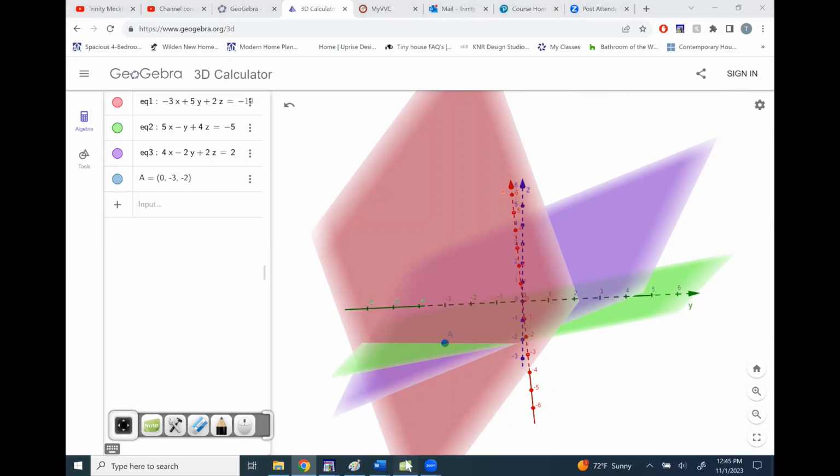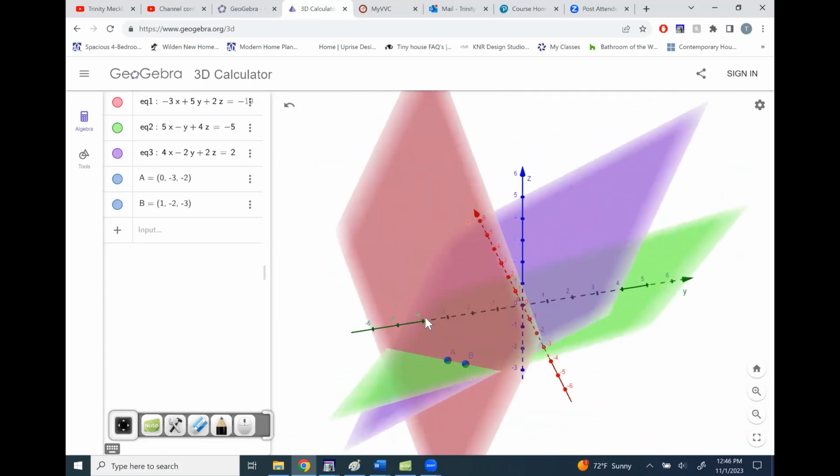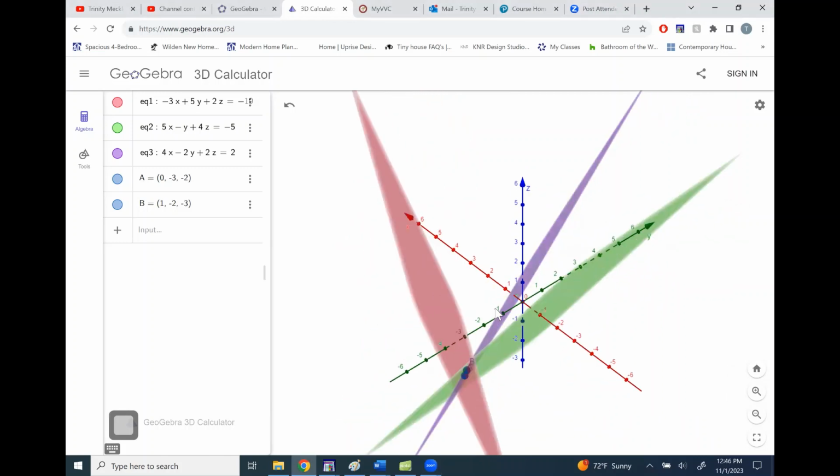And then the other point that we got was 1, -2, -3. And it's showing up on the intersection. So this is a way to generate the infinitely many, right? This is a way to show people where exactly the solutions lie, okay?